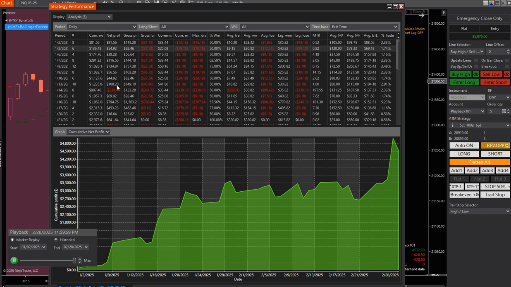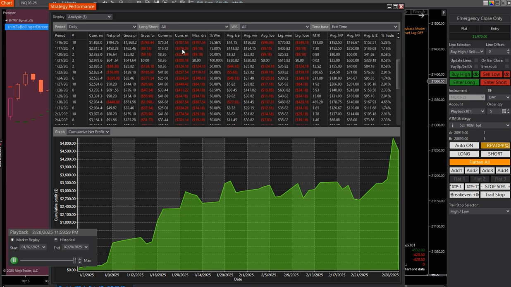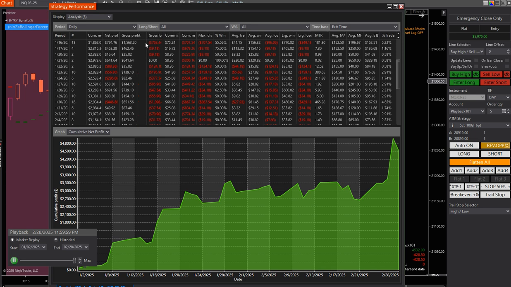So this is consistent. Then one day here you have a loss of 238, and you can see here you had 3 losses in a row, which are minimum 88, I think this is 56, and this is 295, and this is your cumulative profit right here.